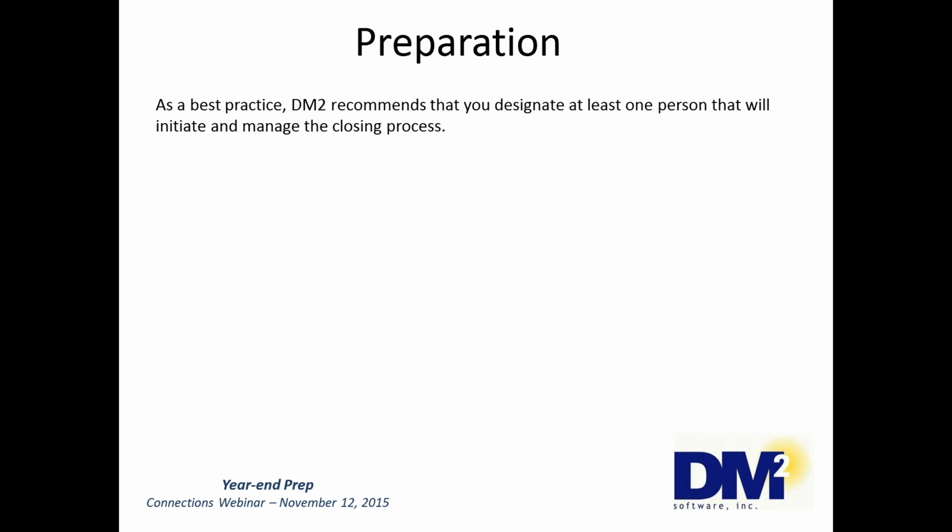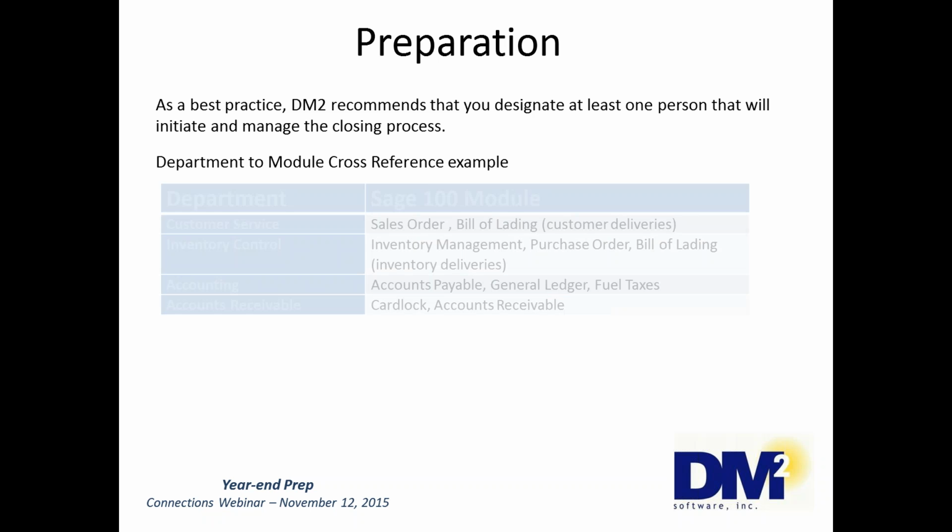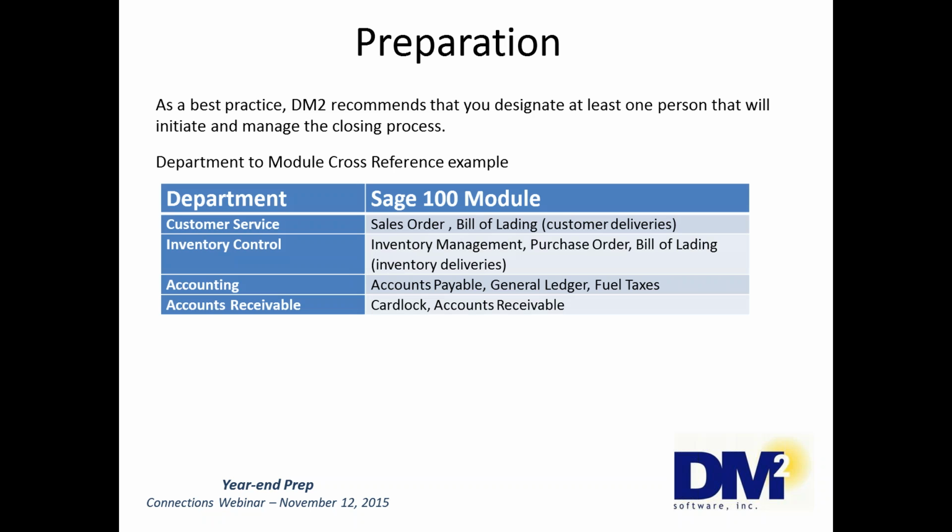One of the things that you might want to consider creating is a department to module cross-reference. So, for instance, the customer service department, stage 100. If you had a customer service manager, the modules that they're going to be responsible for are sales order and bill of lading. These are your customer deliveries. This is just an example.